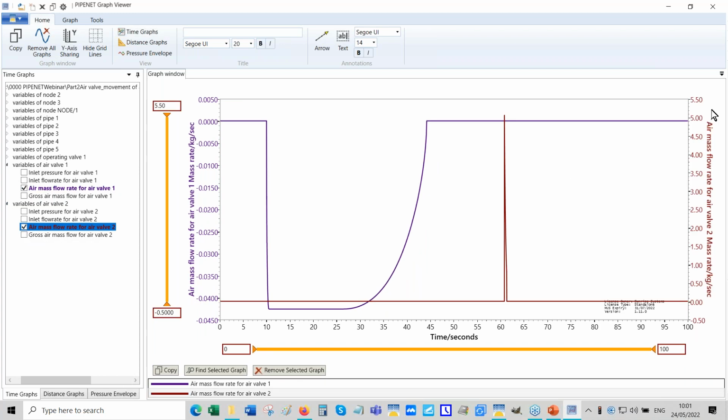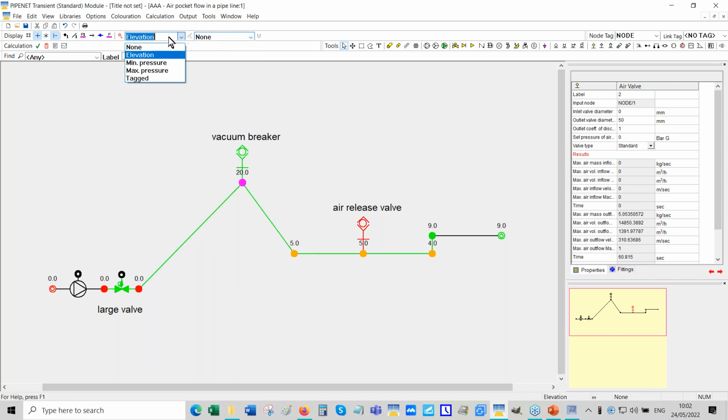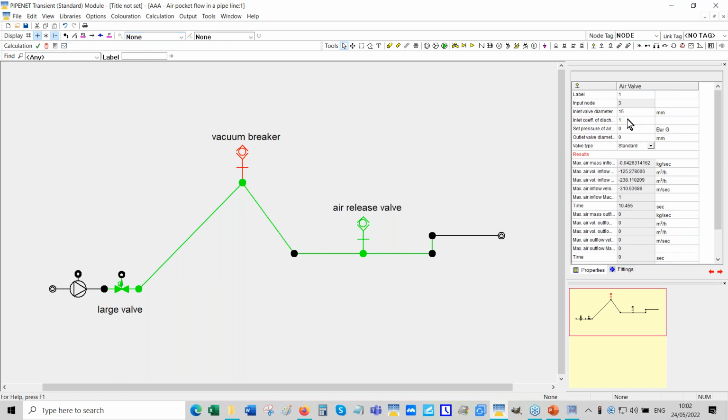It's a little bit deceptive because the scales are different, and because the diameter of that valve is 50, and this valve is 15, which is quite a big difference, because you're talking about the area of cross section.